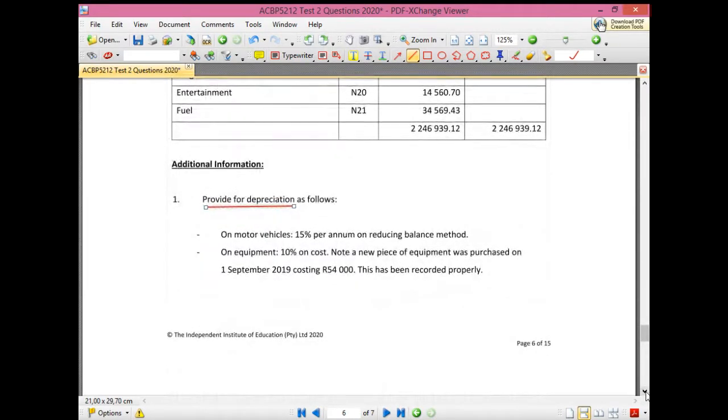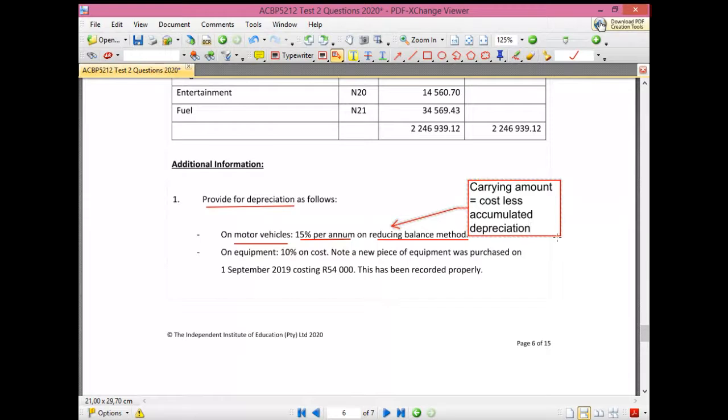Now let's see how depreciation is calculated. The first one is your motor vehicles is 15% per annum on the reducing balance method. Now we said reducing balance method is on your carrying amount, which is my cost less my accumulated depreciation in the beginning of the year.